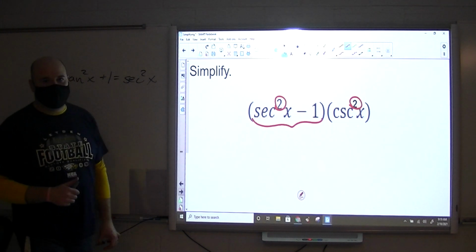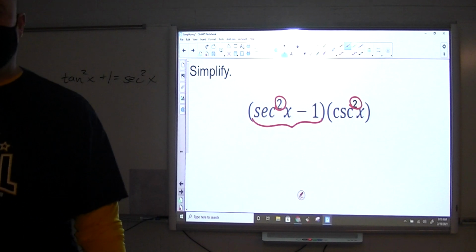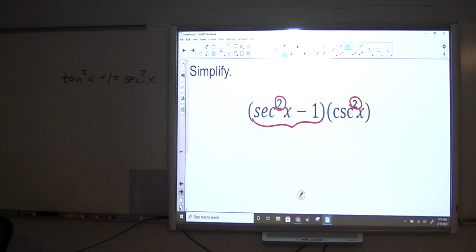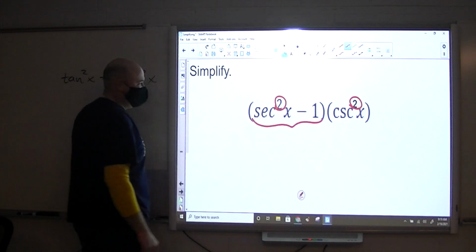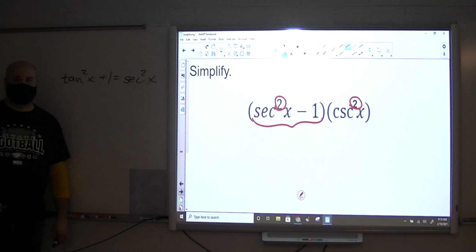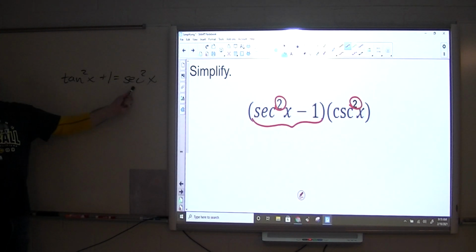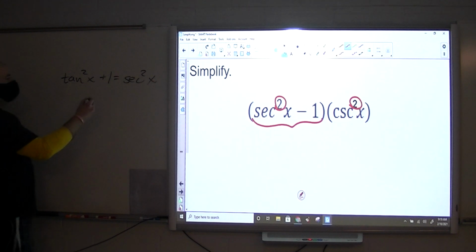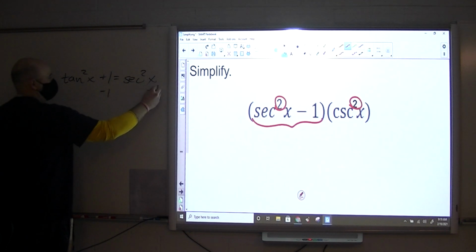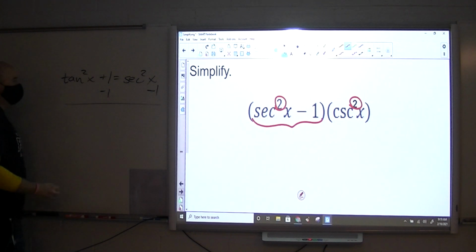Alright, let me check the camera angle here to see if I can do my margin work. Yeah, I think we can get away with this. So I want a statement that says secant squared x minus 1. This is how the Pythagorean identity sets up. How do I get this to say secant squared x minus 1? Well, I subtract the 1 over to the other side.